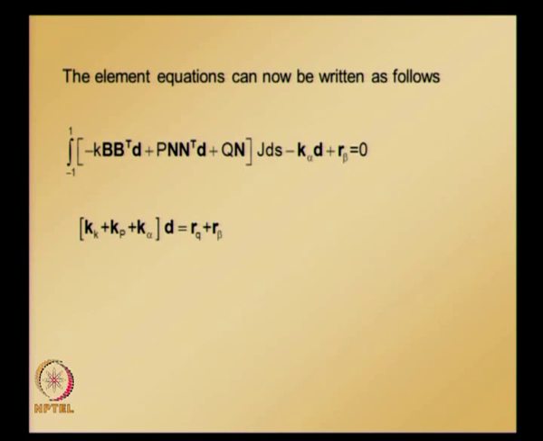And further defining k k, k p and k alpha, the equation can be written as (k k plus k p plus k alpha) times d is equal to r Q plus r beta, where each of the terms are defined like this.